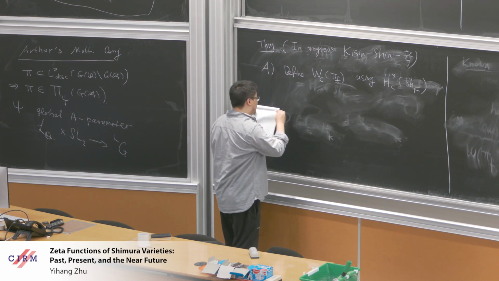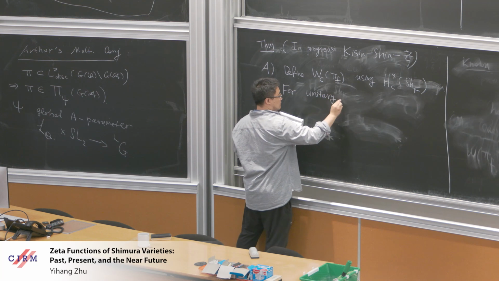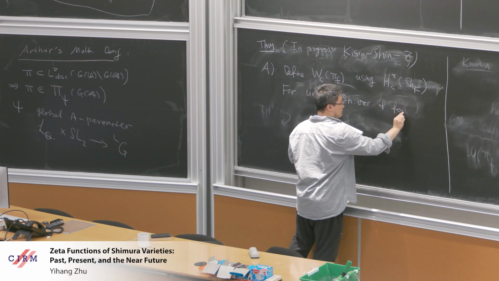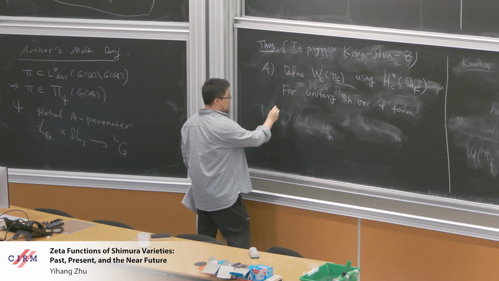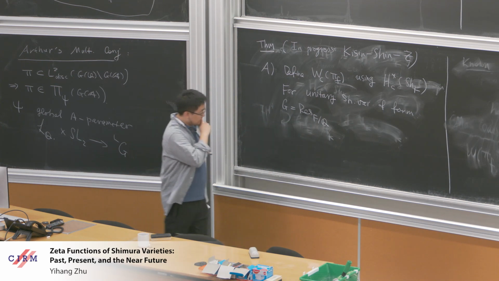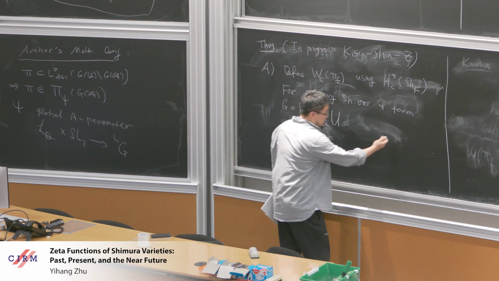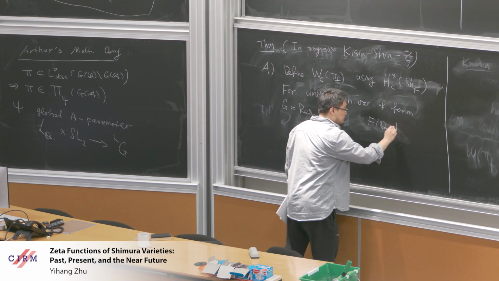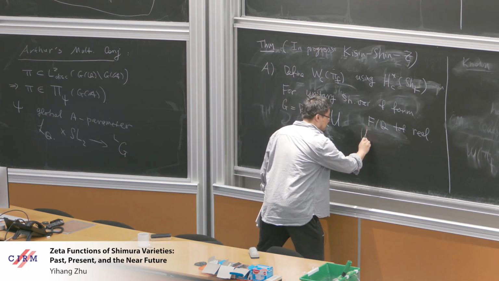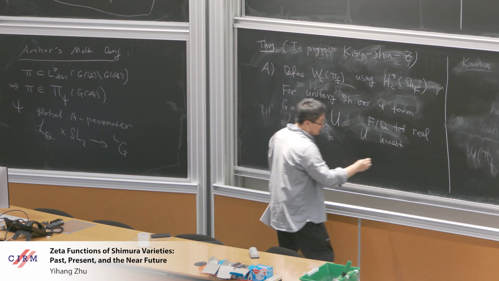Then for the unitary Shimura varieties of the form G equal to the restriction of scalars from some totally real field F of some unitary group U. Here F over Q is a totally real extension, and U is, to emphasize, an honest unitary group.